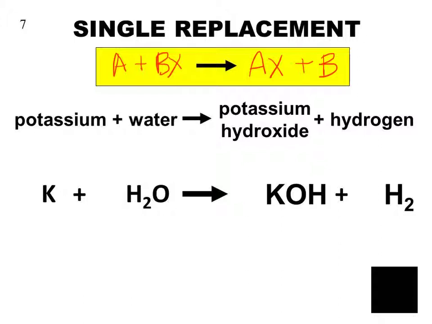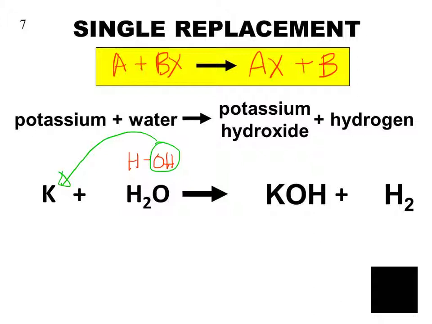So if you have potassium and water, I can go ahead and think of water as HOH. And if I do a single replacement, what's happening is that the hydroxide is moving to the potassium, and the hydrogen is left on its own.